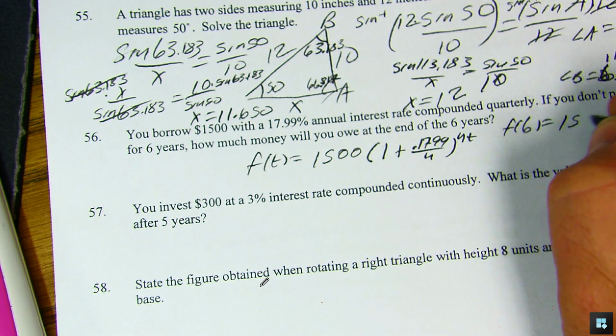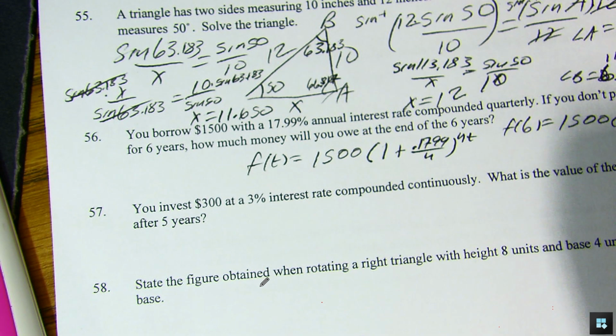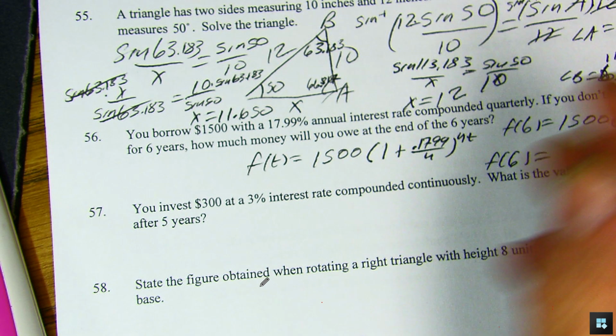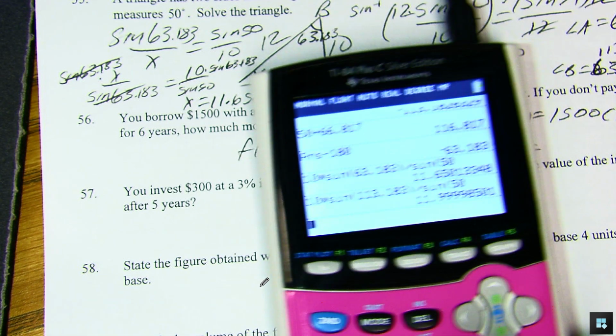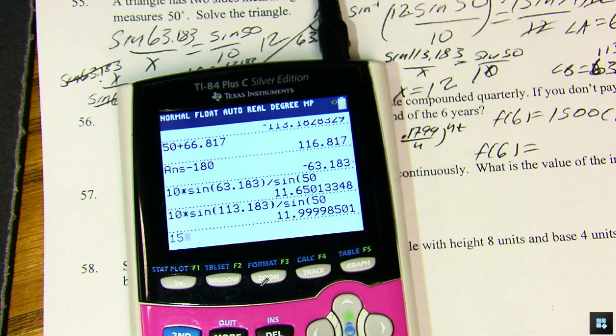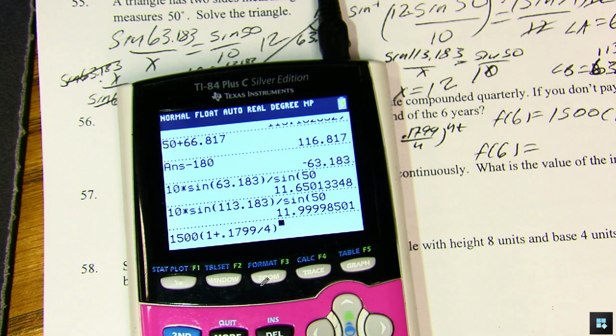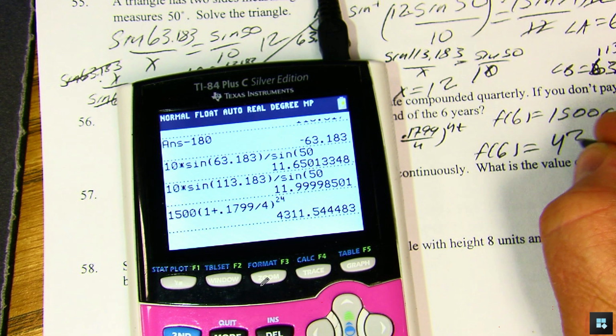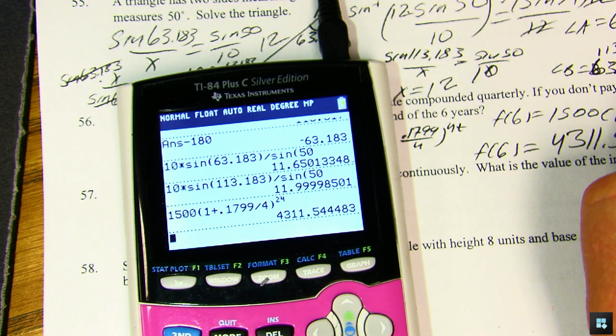So you just take 1,500 times 1 plus 0.1799 over 4 to the 4 times 6. Plugging it all in to our handy dandy calculator, we get 1,500 parentheses 1 plus 0.1799 divided by 4 to the power of 24. You would owe 4,311.544.